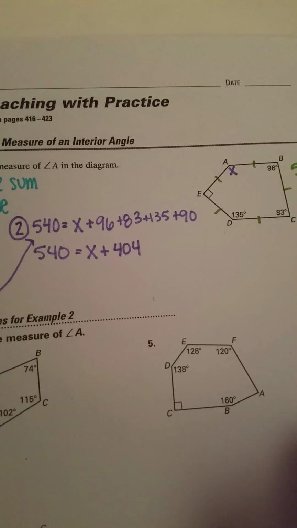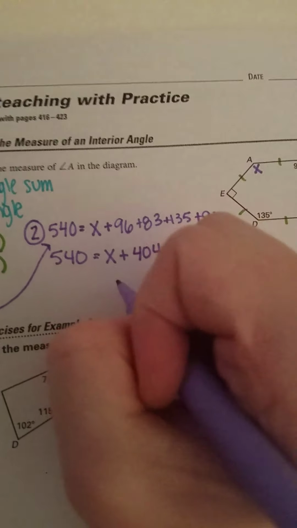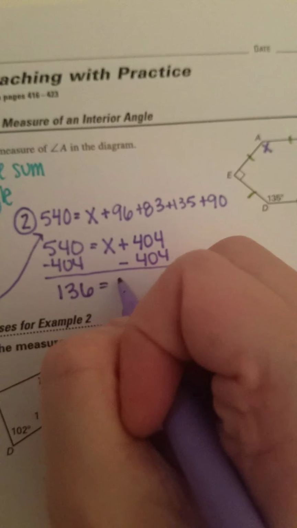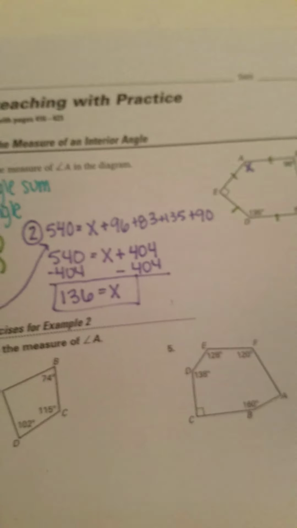And now we need to solve for x. So we're going to subtract 404 from each side. And you get 136 equals x. And that is your final answer.